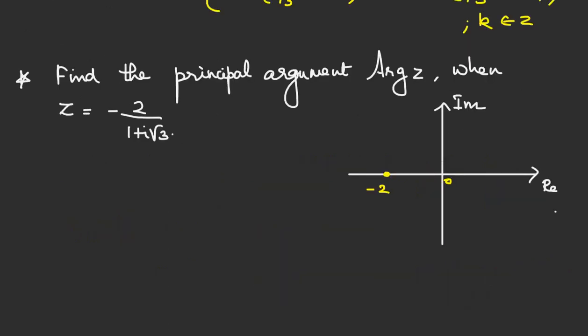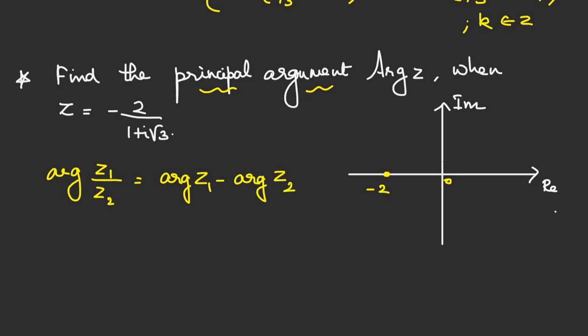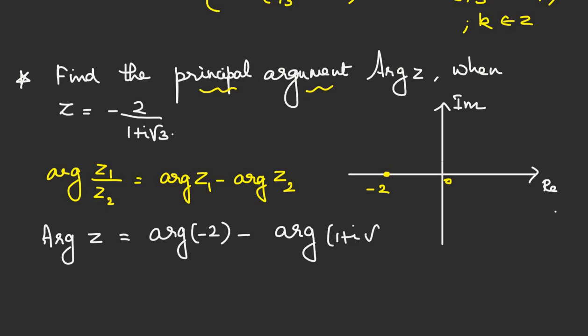Next problem, find the principal argument when z is equal to minus 2 by 1 plus i root 3. We are going to use the property: argument of z1 by z2 is equal to argument of z1 minus argument of z2. So here argument of z can be written as argument of minus 2 minus argument of 1 plus i root 3.